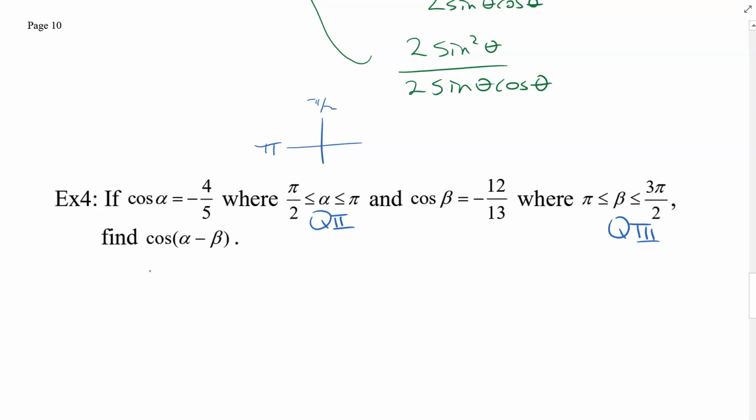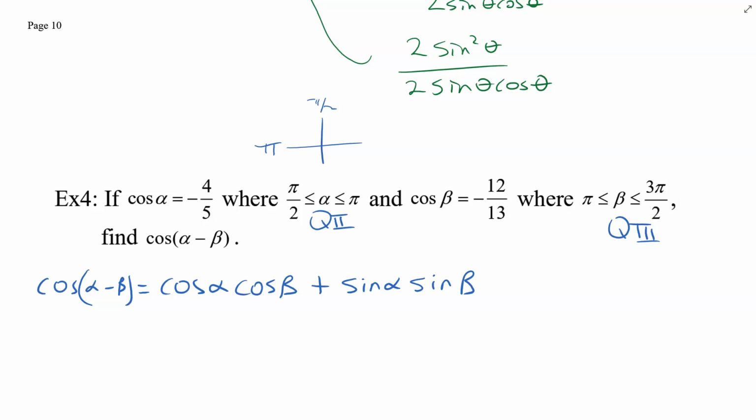Okay, so if I look up cos of alpha minus beta in the formula sheet, and again, you don't have to memorize this, I believe it comes out looking like that. Now, we know what cos alpha is. We're given that one. Like, check, done. So I could substitute that part in.